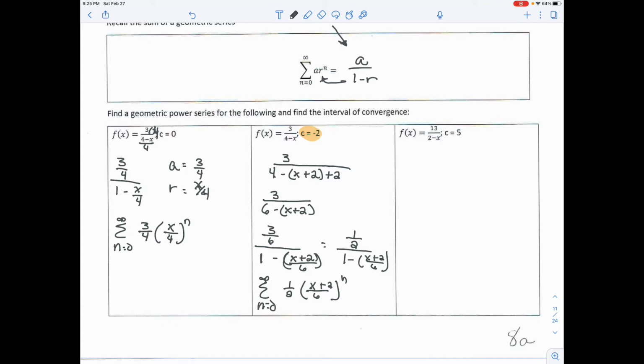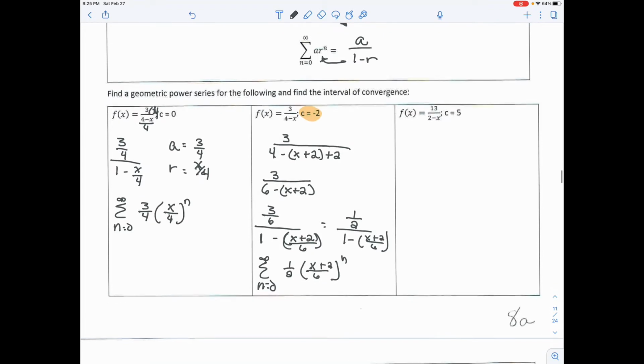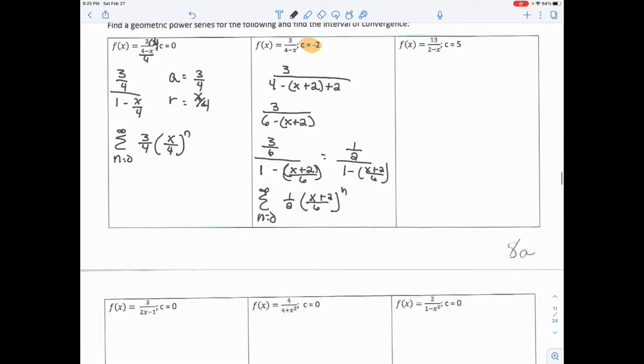Now, one thing we did not talk about is what is the radius of convergence for this. So remember, this is geometric. So this is going to converge when the absolute value of r is less than 1. So that means -1 is less than x plus 2 over 6 is less than 1.